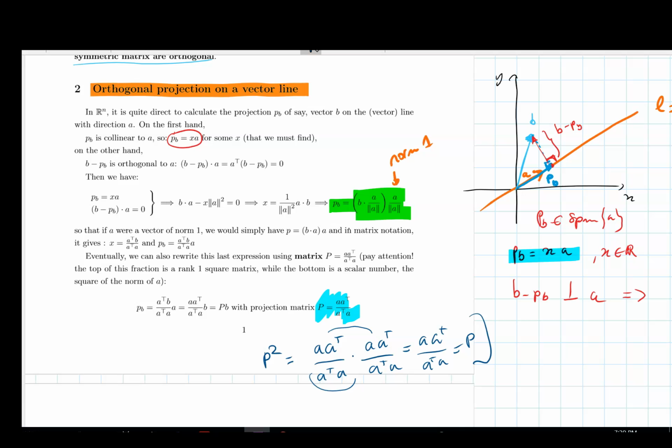If you apply your projection twice, you just stay where you were. What is the closest vector from that vector line to any point of that line? It's just going to be itself. So that's it for the projection on the vector line and the corresponding projection matrix.